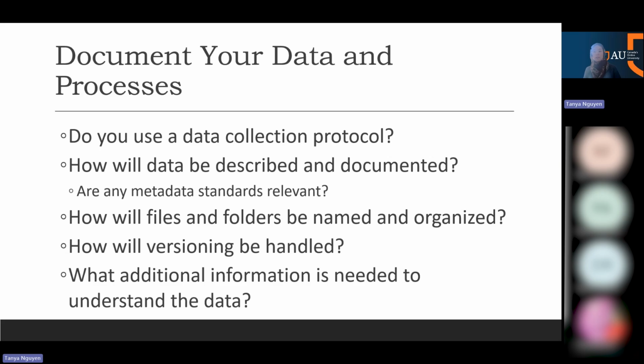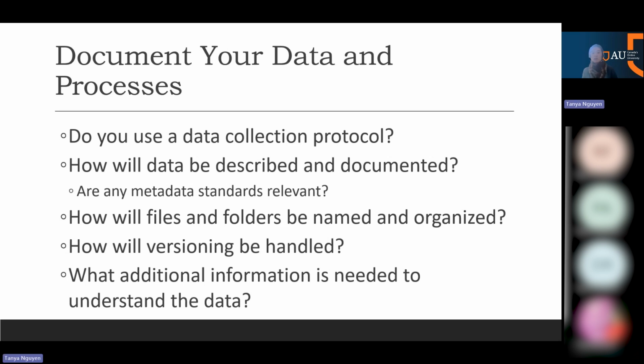You also want to be thinking about how your data can be described and documented. And for some different disciplines, there may be metadata standards that are used for those particular disciplines. You also want to be thinking about different versions of your files, and are you going to be using a version control tool?